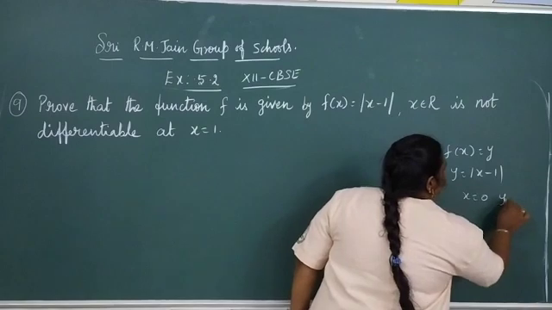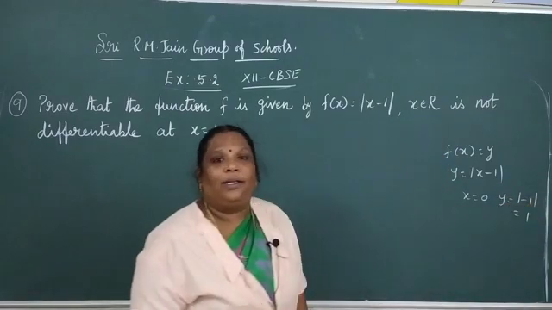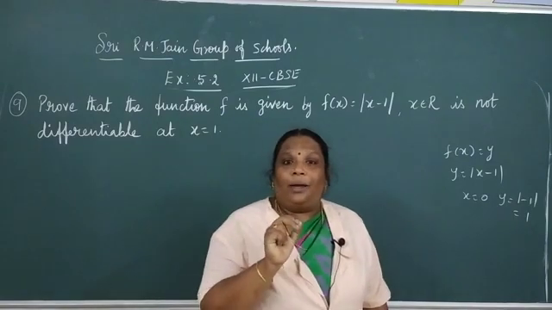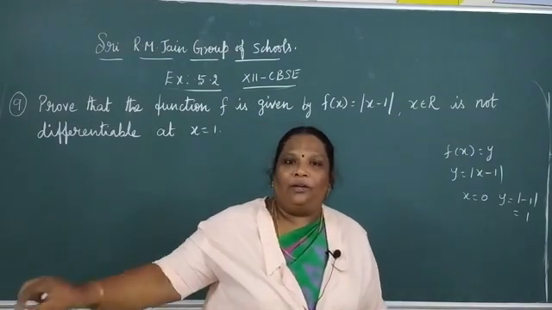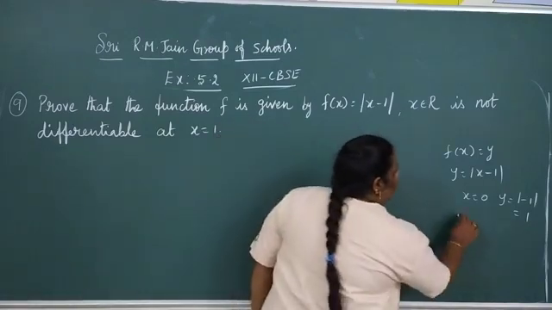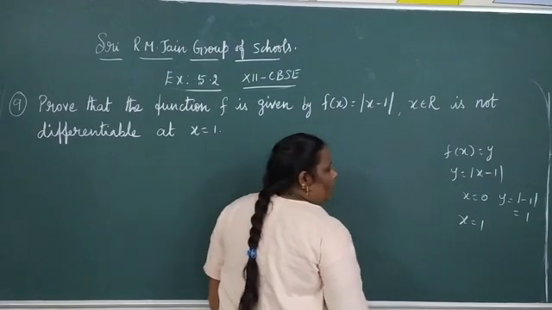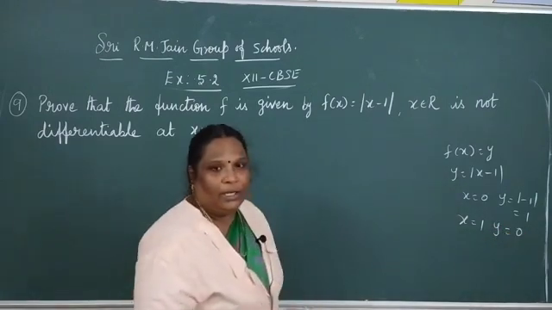Y equal to modulus of minus 1, which is nothing but 1, because of the property of modulus: if it is minus also, you get a positive value. Substituting x equal to 1, y equal to 0.